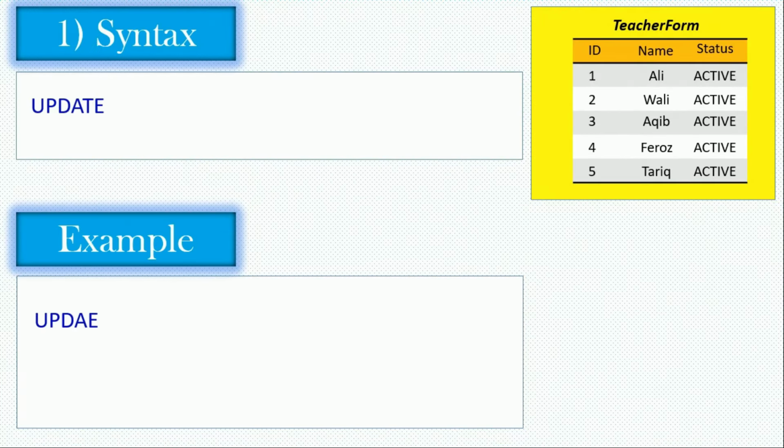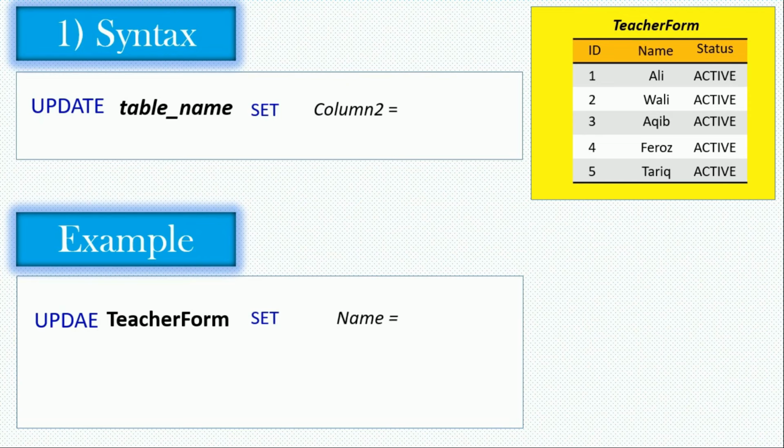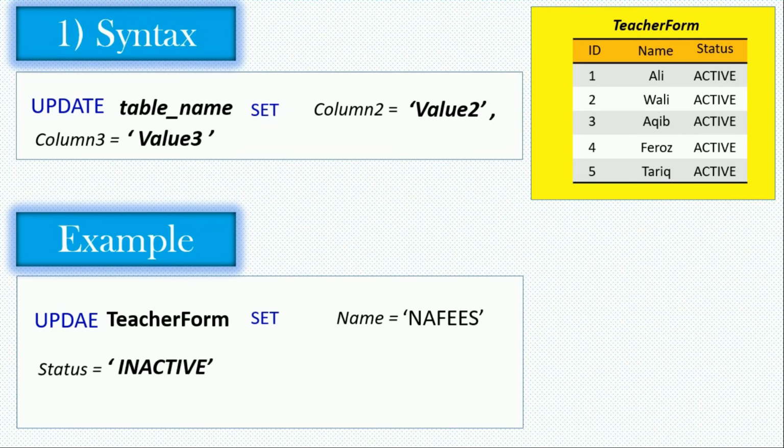Update table name. Here my table name is teacher form, so I will put teacher form, then set. This is where we say what the new value would be. The set keyword tells the RDBMS to change the column before the equal sign to contain the value after the equal sign. In this case, we are changing the column 2 name, value Akib to Nafis, and column 3 status, value active to inactive.